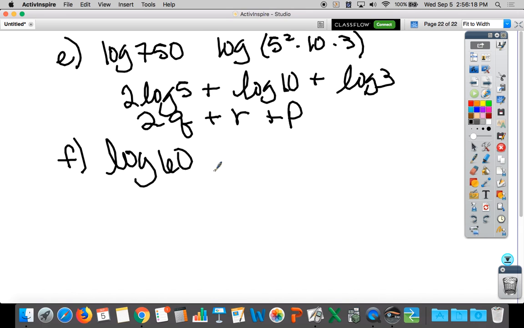What about times 5? Yeah, that's what I was doing. All right, so 60 times 5 would be 300. Can I get 300? Yeah, by 3 times 10 squared. Then divide it by, not 60, but by 5. That will give you the 60.